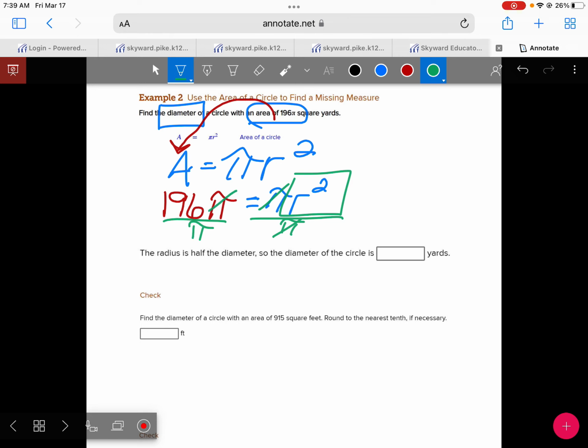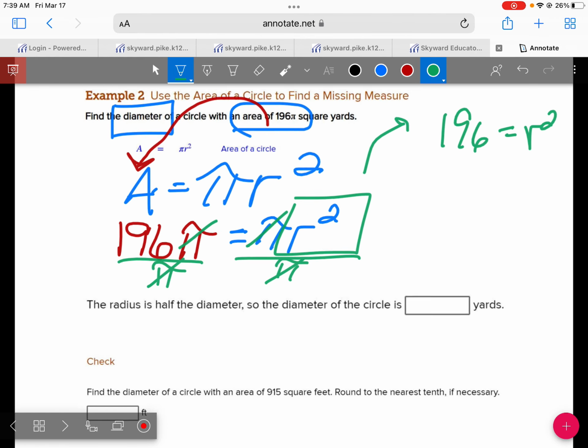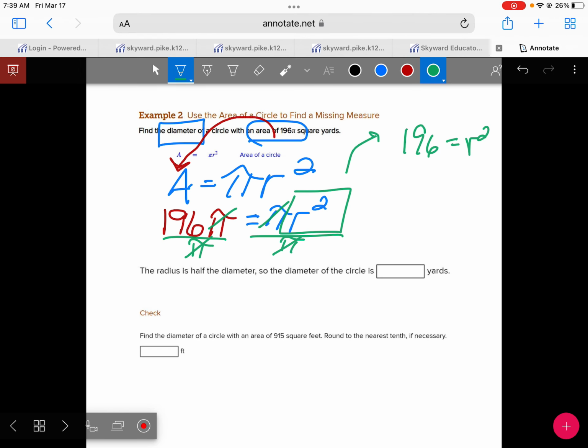And pi cancels out over on the left. So I'm left with r squared equals 196. Well, I don't want r squared. I just need to get what a radius is. Okay? So take the square root. R is equal to, should be 14.